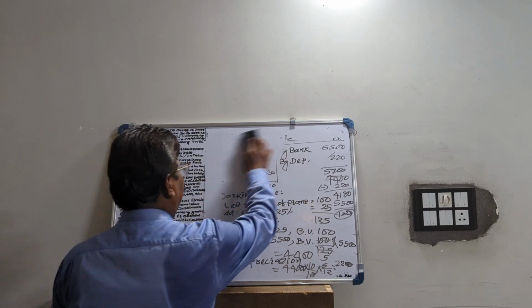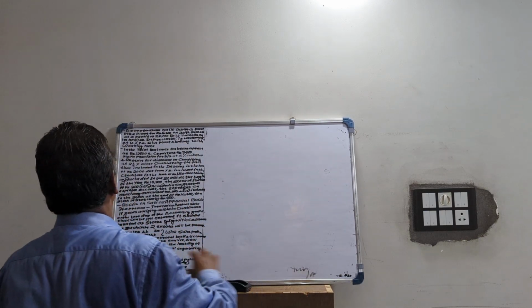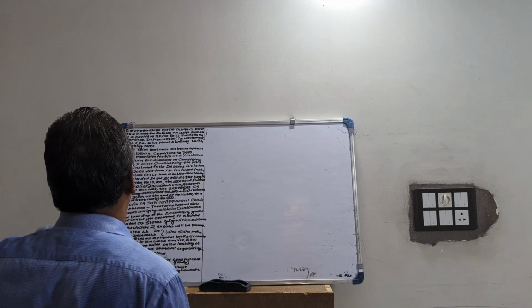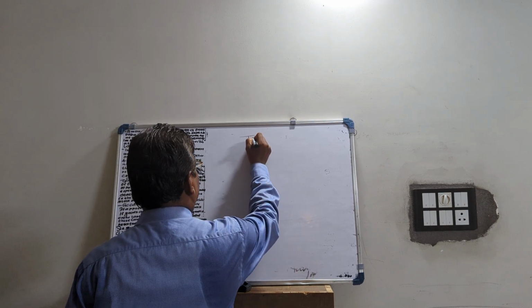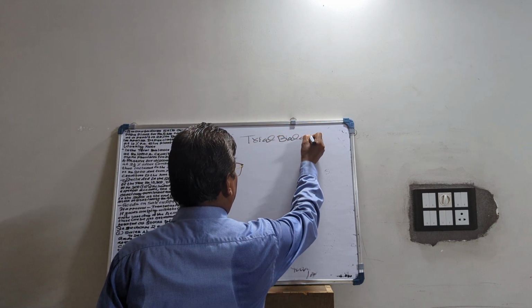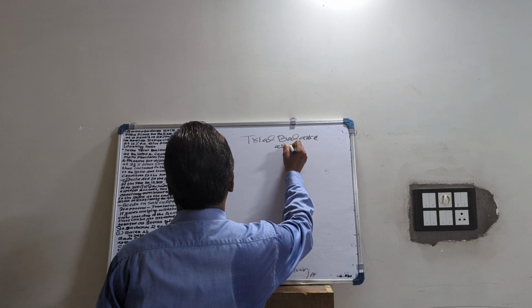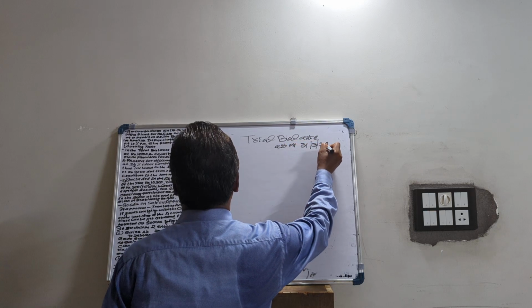Then it is written in the trial balance, debtor appears 12,000. Suppose this is the trial balance. All of you know, trial balance serves as a summary of what is contained in the ledger. So trial balance as on, suppose, 31st March 24.